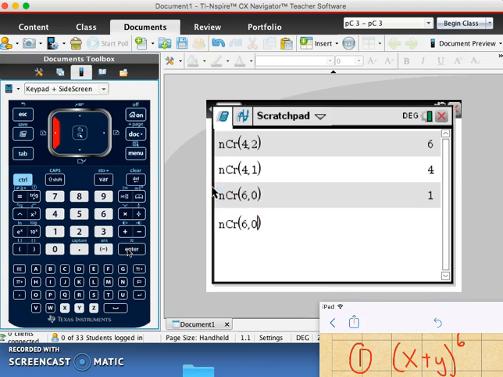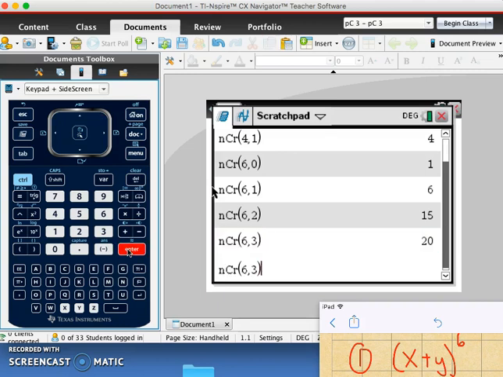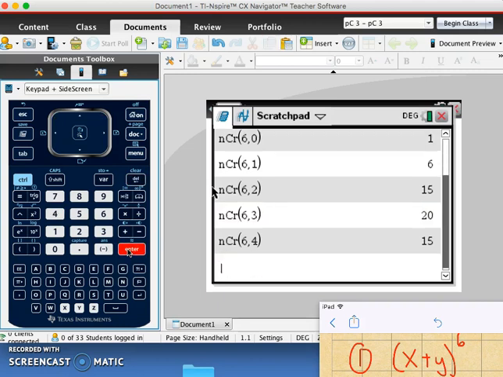Now we want 6c1. 6c2, 6c3, 6c4, and we know it's symmetric, so then we have all of those. So let's see, 6c0.